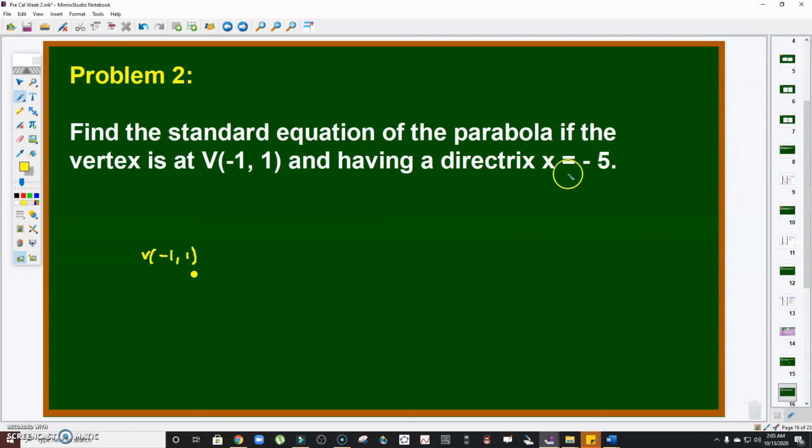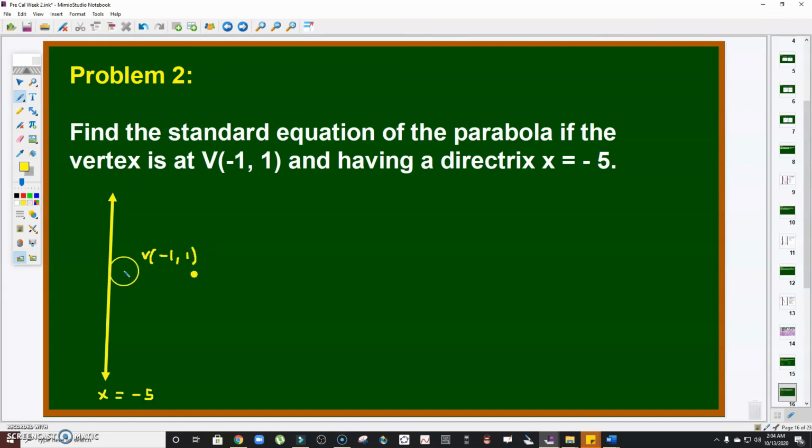Isn't that a vertical line? Since the vertex is (negative 1, 1), my abscissa is negative 1, so my directrix is a vertical line, to the left of the vertex. Again, this is x equals negative 5, and this is (negative 1, 1).